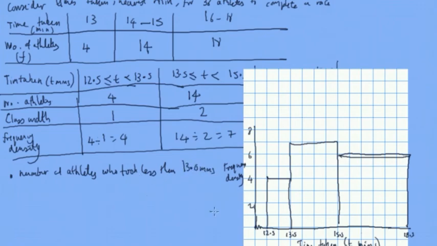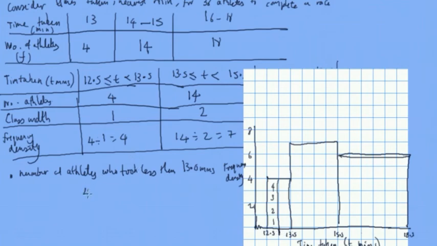We can see that in here, there's 13.0. There are 4 blocks. If you look here, if we put 13.0, there's 1, 2, 3, 4 blocks to the left of the 13.